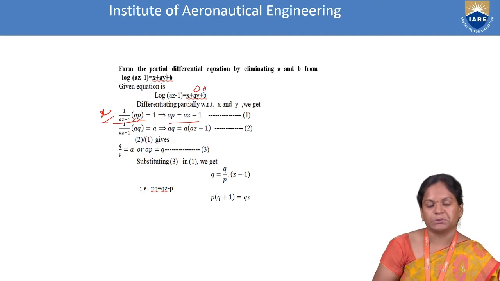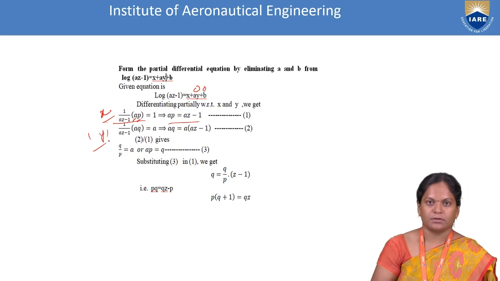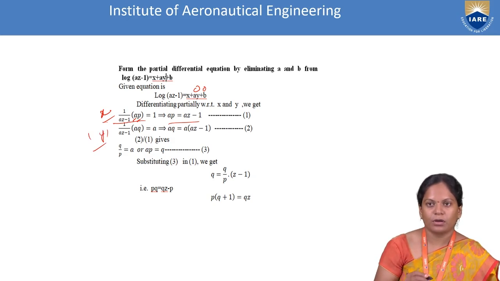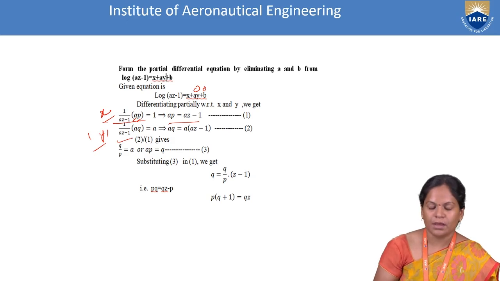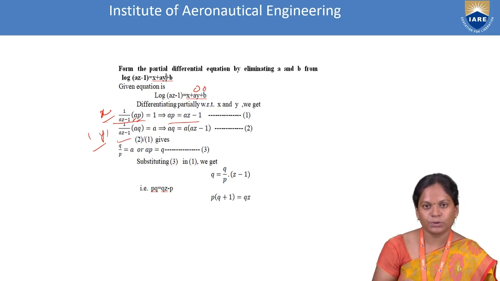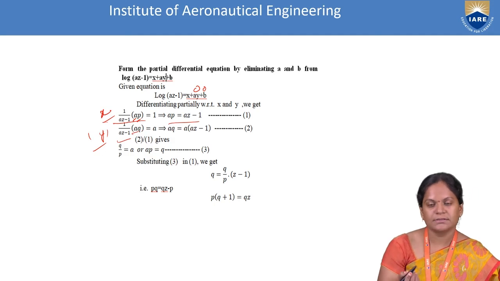And go for the second equation. Now differentiate partially with respect to y. So that is nothing but log, already we know 1 by (az minus 1), a into z. z with respect to y is nothing but dou z by dou y. Dou z by dou y is q. So a into q equal to what? x is now constant.